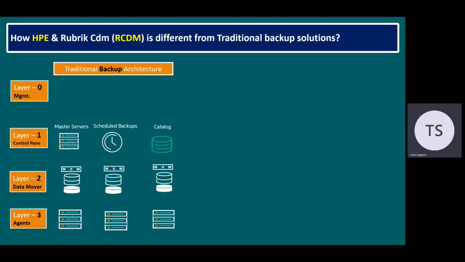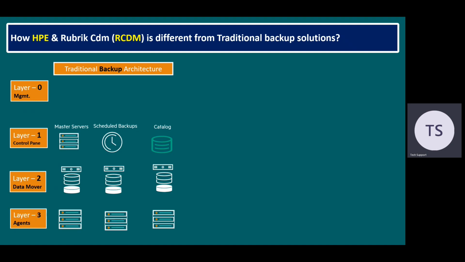And for traditional backup, if you want to take the backup of your physical servers or any of the respective applications, the recommendation from traditional backup is we have to install agents. Whatever server count you have, whether your infrastructure size is small, medium, or large, we have to install the backup agent software on all the workloads.